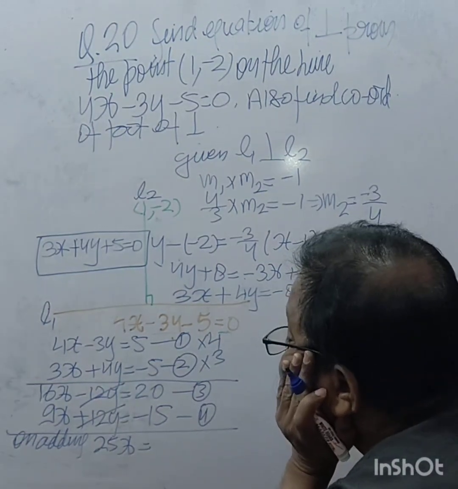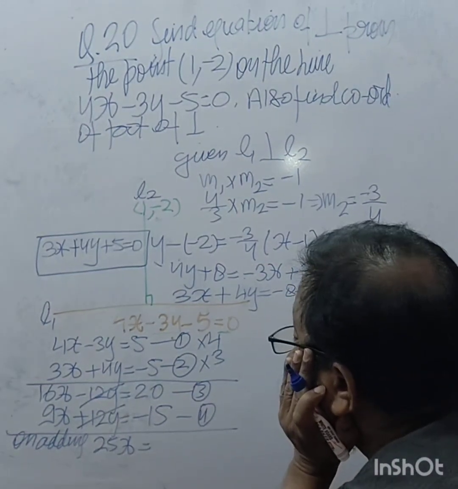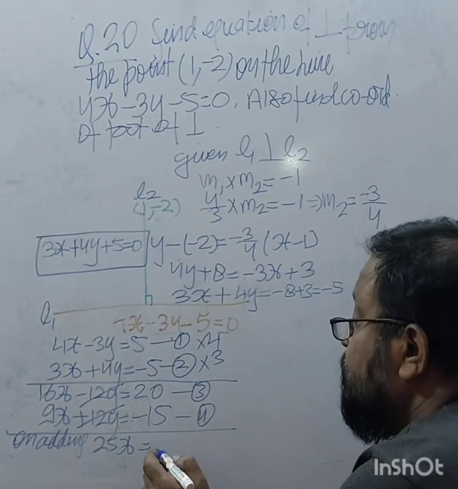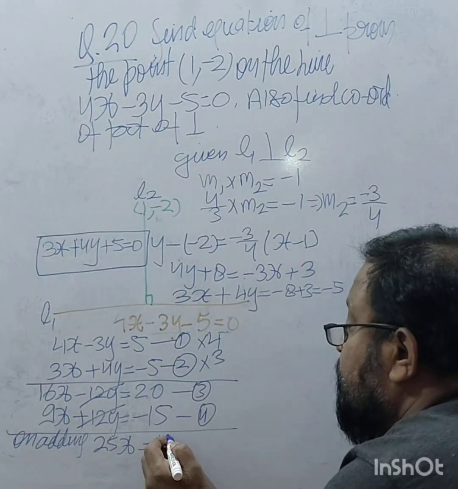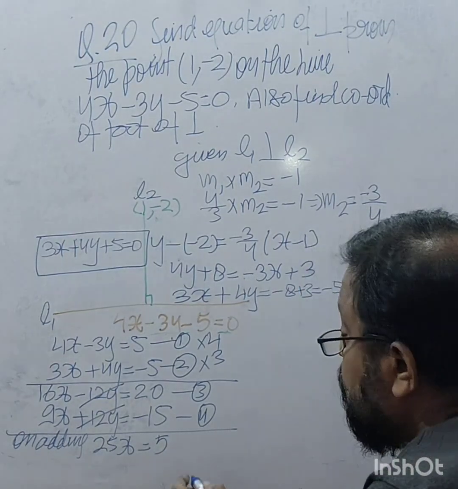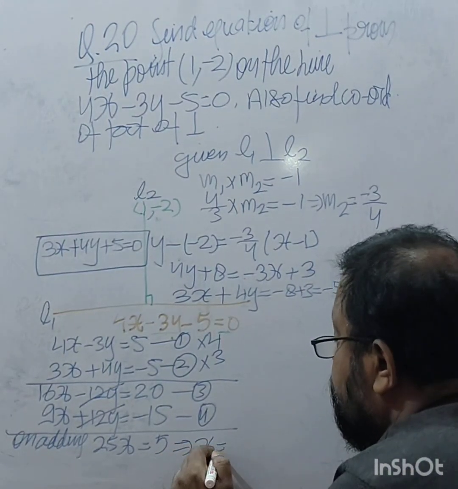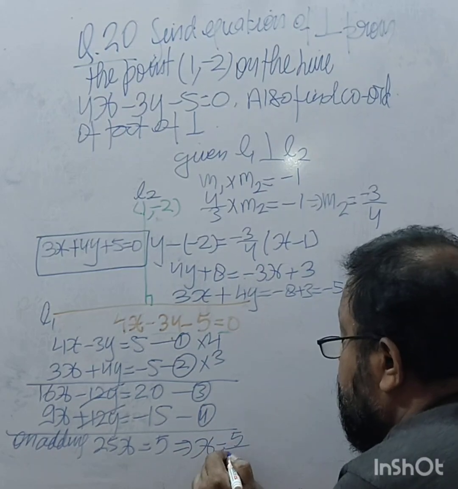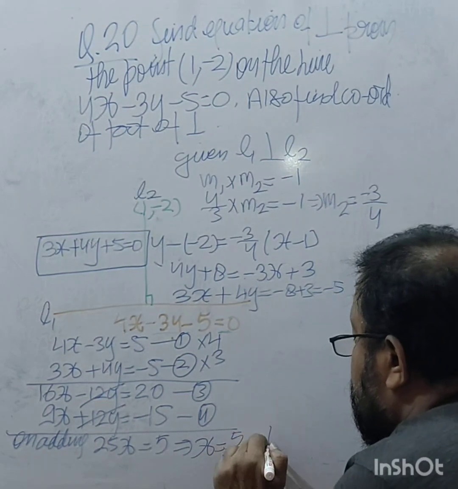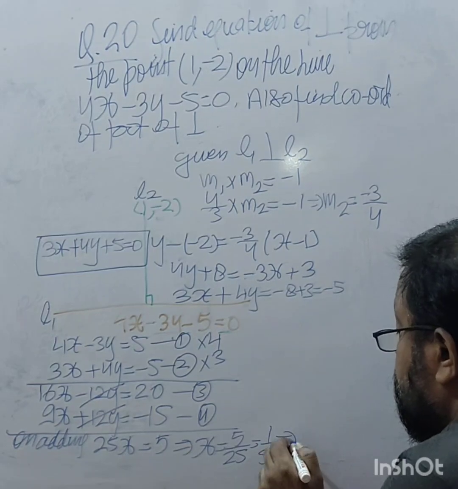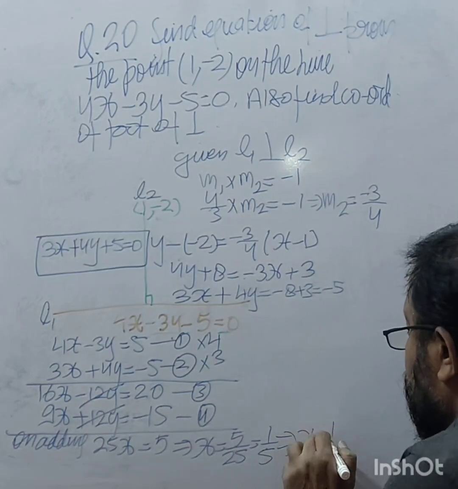We get 5. So x is equal to 5 by 25, it becomes 1 upon 5. So x is equal to 1 upon 5.